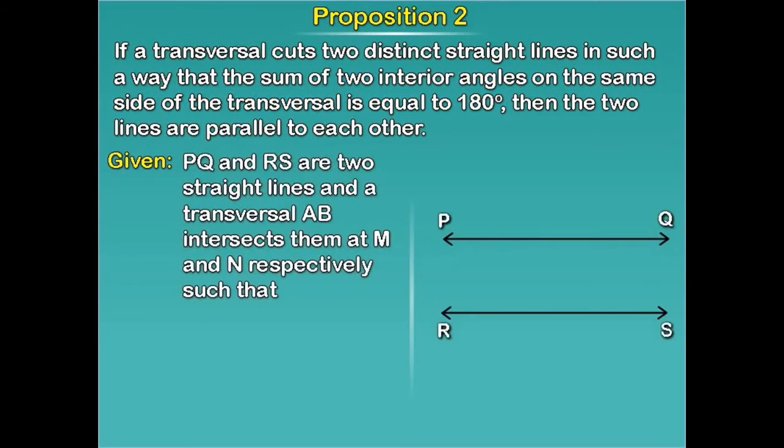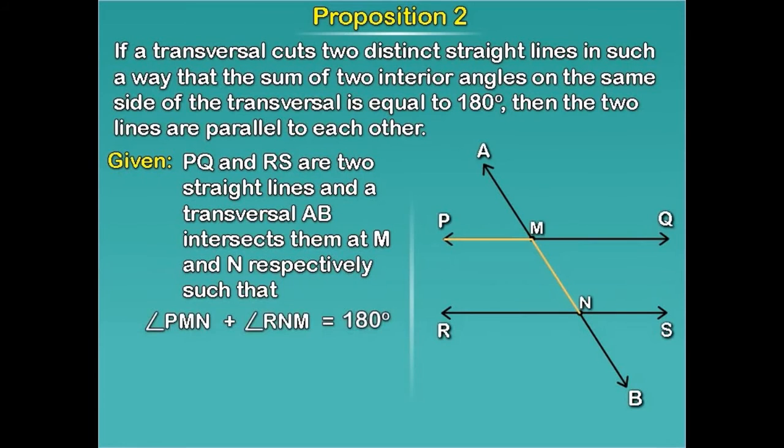Suppose PQ and RS are two straight lines and a transversal AB intersects them at M and N respectively, such that angle PMN plus angle RNM is equal to 180 degrees.